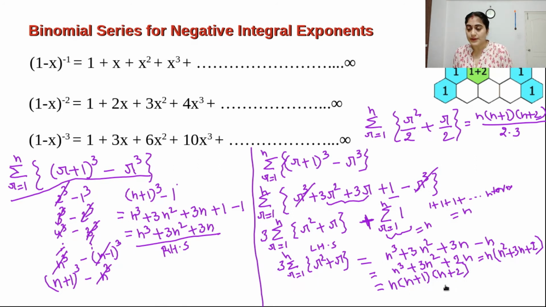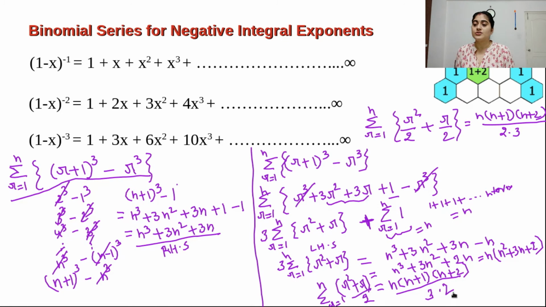If you divide by 2 on both sides, it will be like that. So this is the proof of the summation of r equals 1 to n of r square plus r by 2, taking 2 common, which equals n plus 1 by 2, which I have proven here.